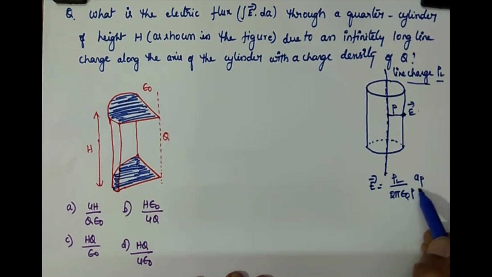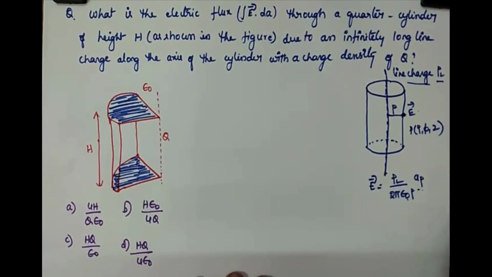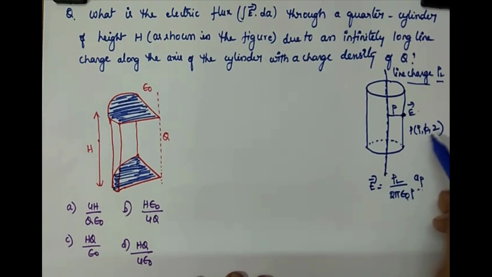A rho is the direction. You know the cylindrical coordinates are P of rho, phi, z. Rho specifies the radius direction, phi the angle, z the length.